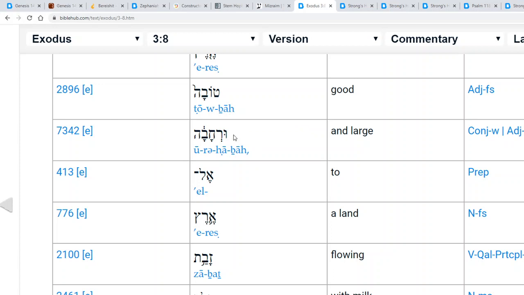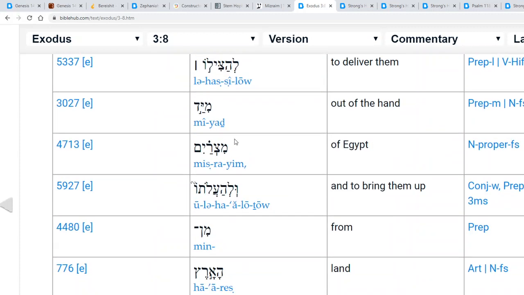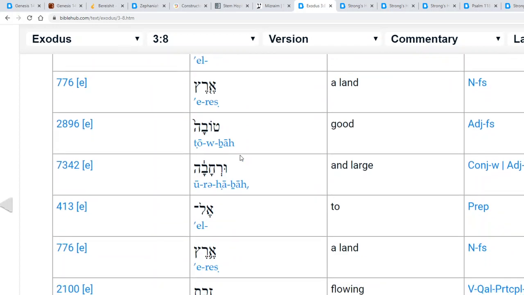Anyway, so rechava literally means wide, and it contrasts with Mitzrayim because the root tsar is talking about thinness, and we'll take a look at more of it. The word Egypt in Hebrew, Mitzrayim, sounds like tsar, which means thin. And then the land of Israel is called Rechava, called wide.